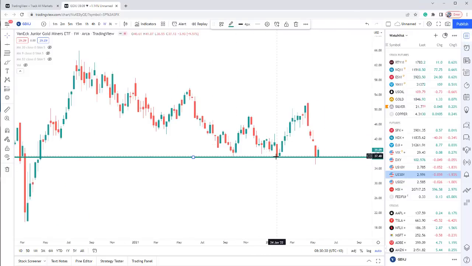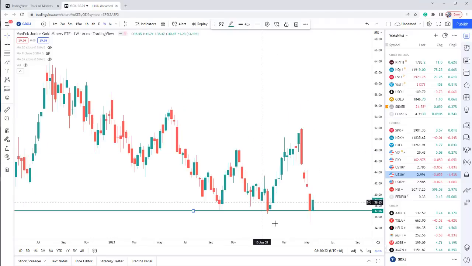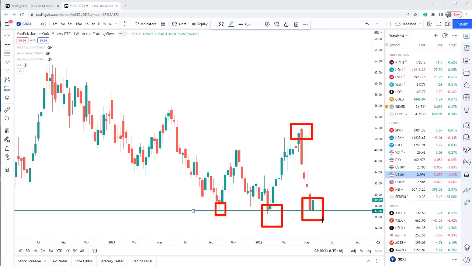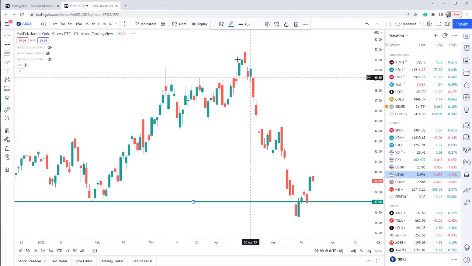We're getting a support level here, a high, and another support level here. So there's really no one in control. This point through here, this point through here, this point through here, and this point through here. So there's no true trend through there. But if we look at the daily charts, we've just been getting absolutely thumped through here. So there's no good strong potential out of the mining sector right now.